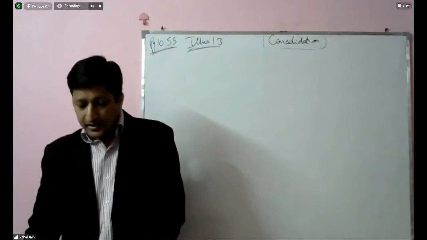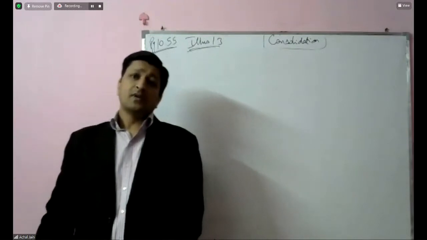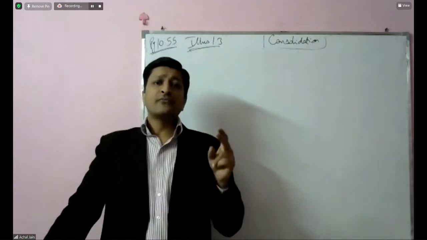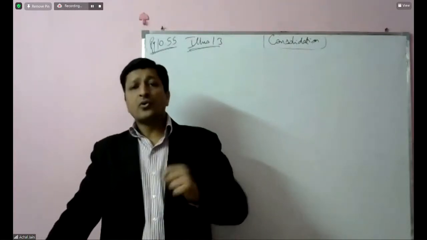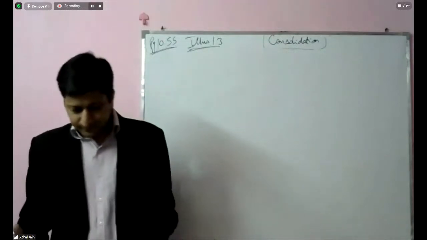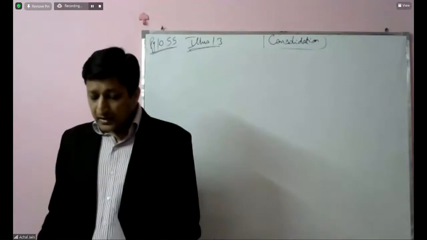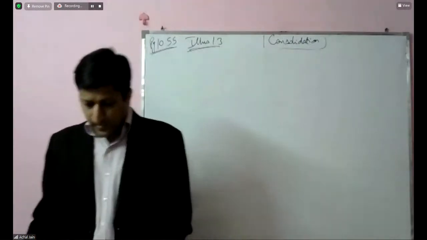Two years of information of the subsidiary is given. Please remember, this is the information for one subsidiary. This is not the information for holding and subsidiary. Okay, please be careful. We are given the balance sheet of the subsidiary for two years.